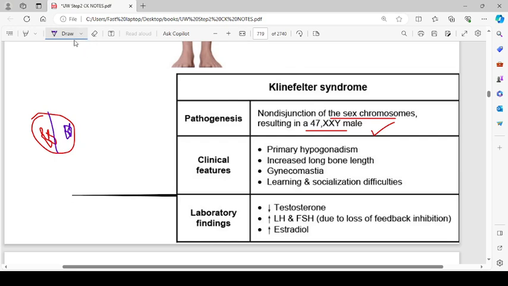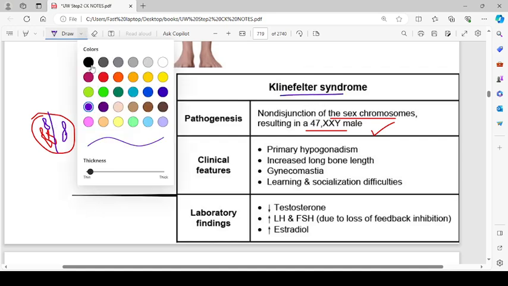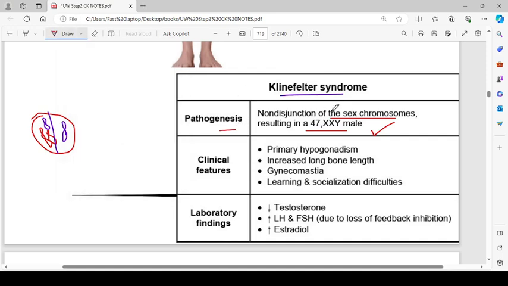But in non-disjunction, instead of an equal distribution of chromosomes, maybe this chromosome fails to travel to the other cell, and instead of 46 we have 47 chromosomes. If it happens at the level of sex chromosomes, we can have a condition called Klinefelter syndrome. In Klinefelter syndrome, non-disjunction of sex chromosomes results in a 47XXY male.